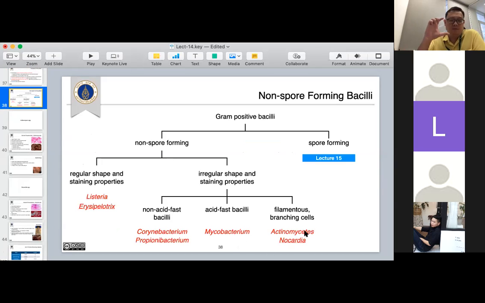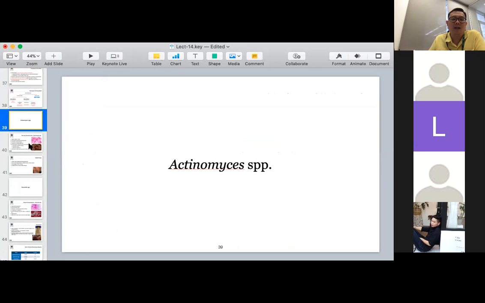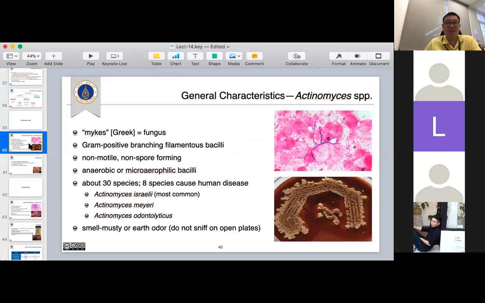The last group is small, not so important, but you probably need to know actinomycetes. Okay. Actually, actinomycetes are very good bacteria that live in soil. When you incubate, actinomycetes produce chemicals that kill other bacteria.